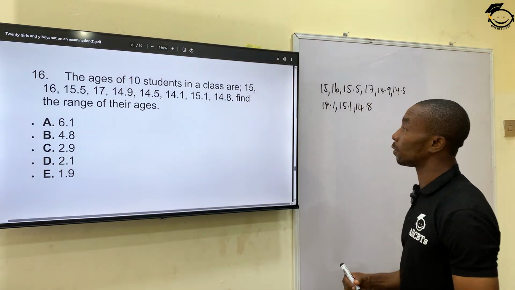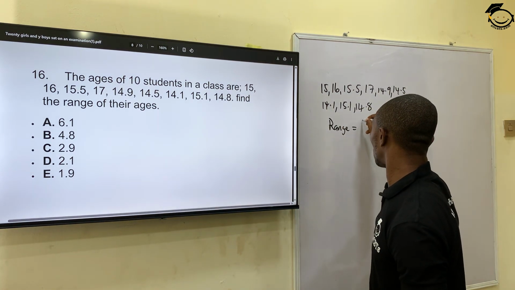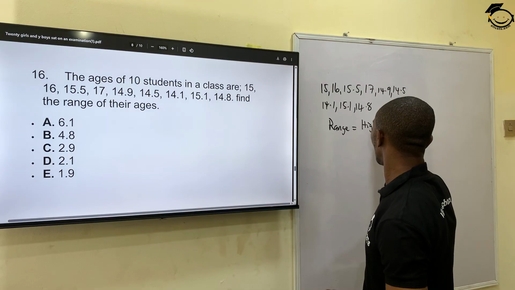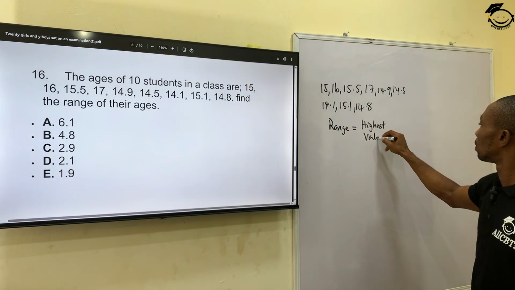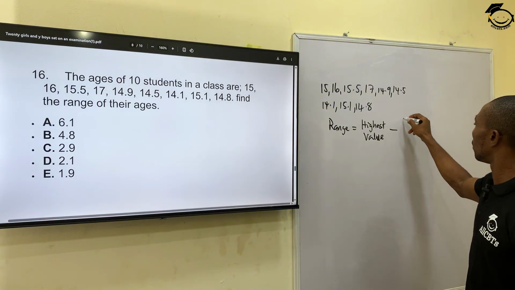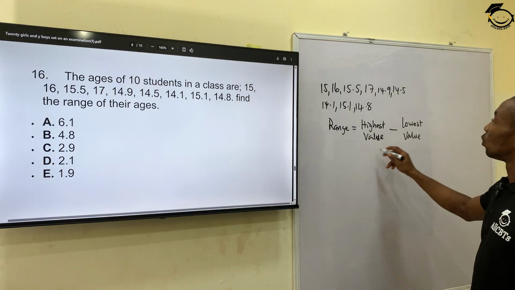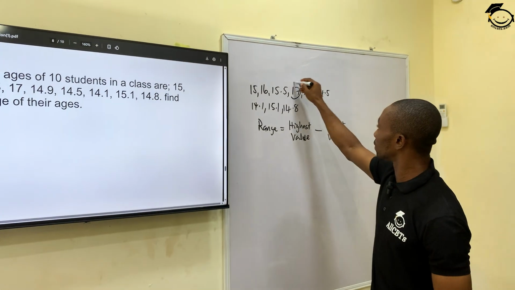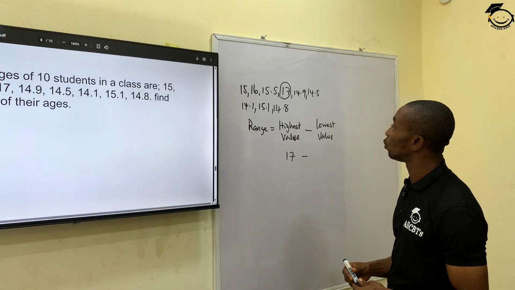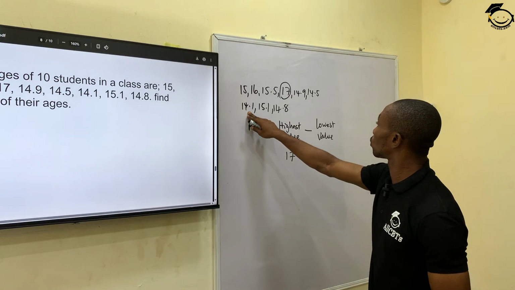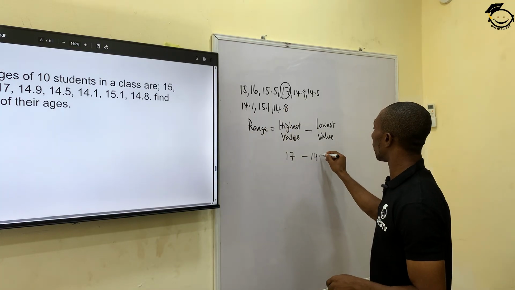In order to find the range, we know that range equals highest value minus lowest value. Our highest value here is 17 minus our lowest value. Now we have 14.1. Is anyone lower? No. So our lowest value will be 14.1.